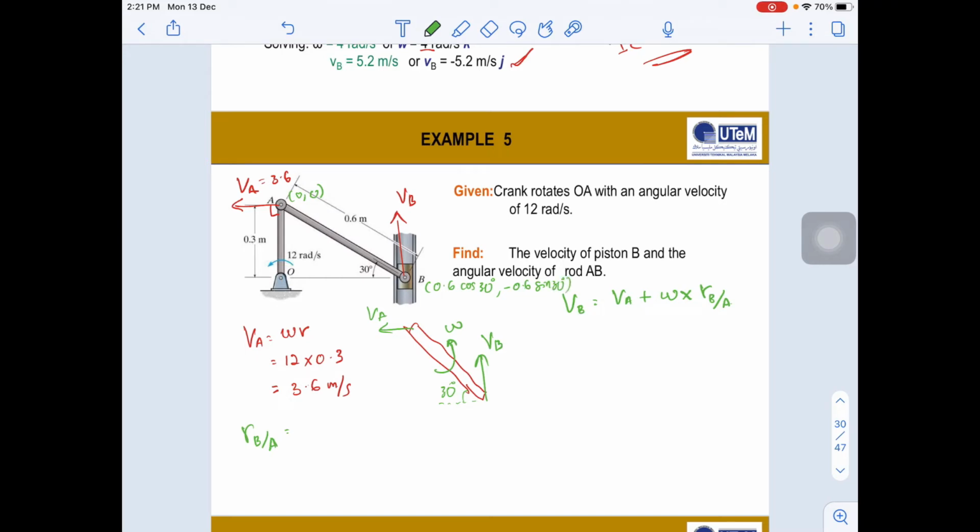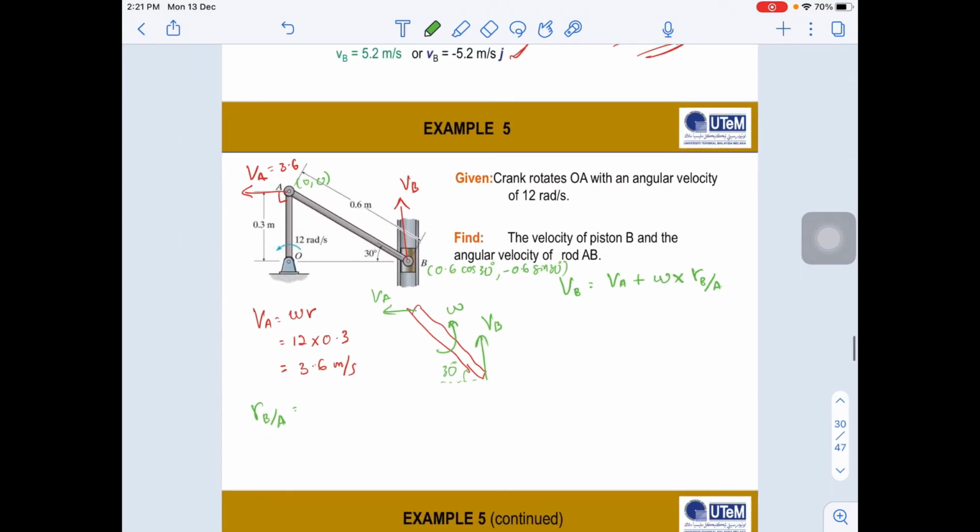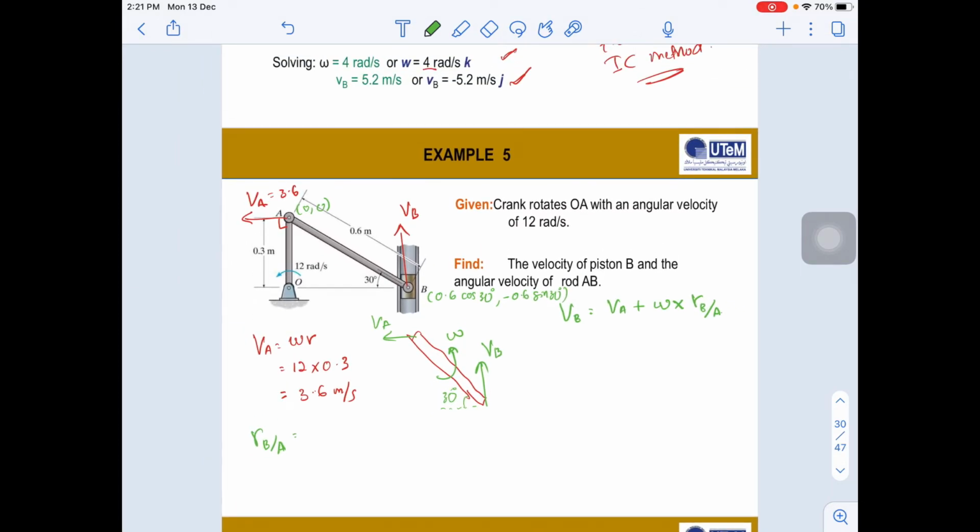Kenapa minus? Sebab di bawah origin lah, di bawah origin. Sebab apa plus? Berada di kanan origin. So you have 0.6 cos 30 degree I minus 0.6 sin 30 degree J.